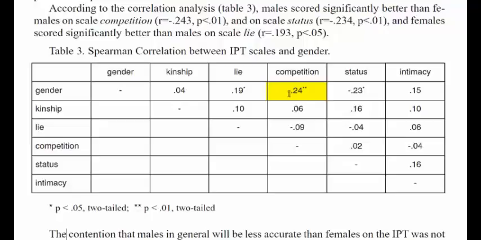And because it's negative, that means it's an inverse relationship. So as competition goes up, gender goes down. As gender goes up, competition goes down. And 0.24 indicates a low relationship because 0.24 is closer to 0 than it is to 1.